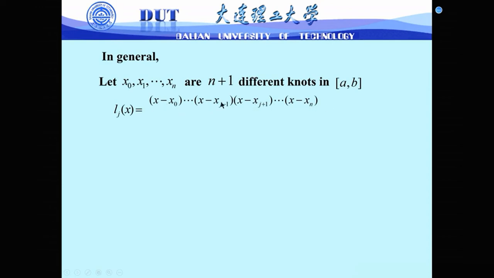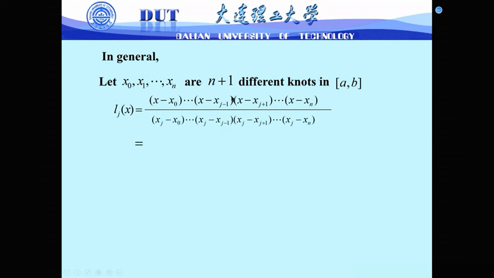Now, how many factors are here? From 0 to j minus 1 and j plus 1 to n, we have n terms, right? So it is degree n. Clear? This is the numerator. How to obtain the denominator? Very simple: just replace x by xj. So xj minus x0, multiplied by xj minus x(j minus 1), xj minus x(j plus 1), and the last term is xj minus xn.